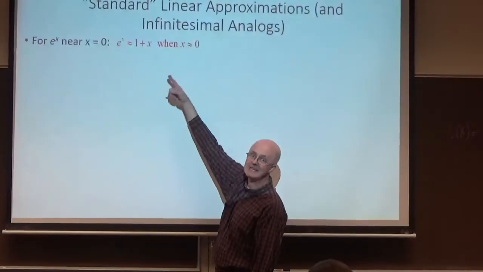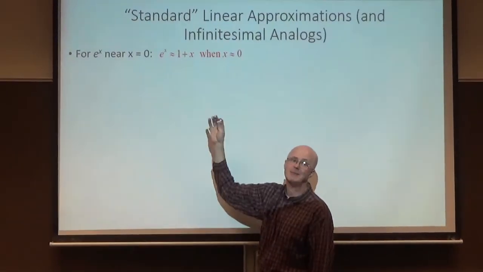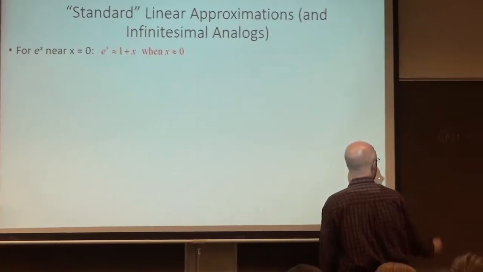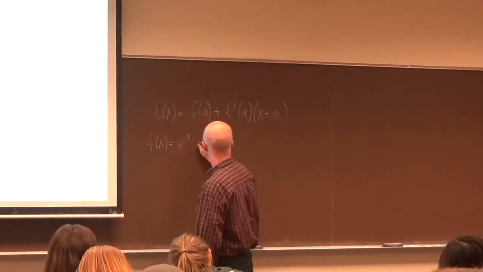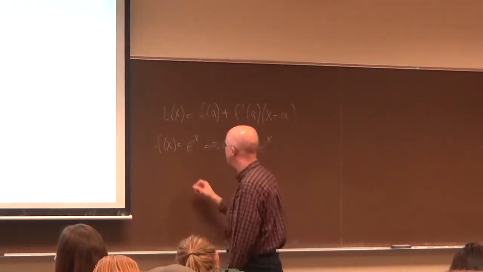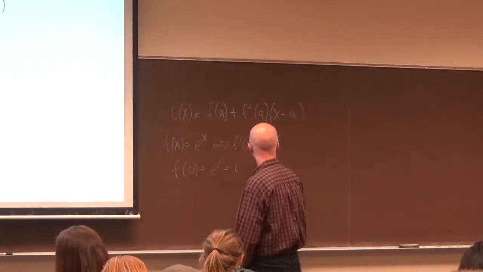Okay, so when you say near x equals 0, or when x is approximately 0, that means you are taking the a to be 0. So for this example, the function f of x is e to the x. That's nice and easy, and that means f prime of x is also e to the x. Plug in a equals 0. In both cases, you get 1.